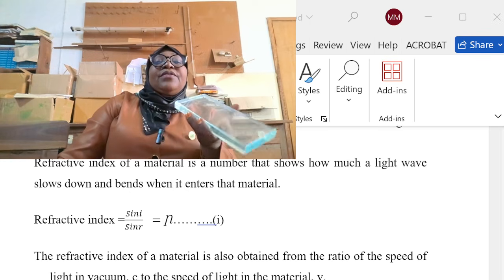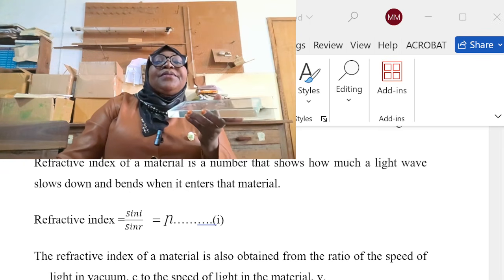The refractive index of a material is denoted by a symbol, and it is equal to sine i over sine r.